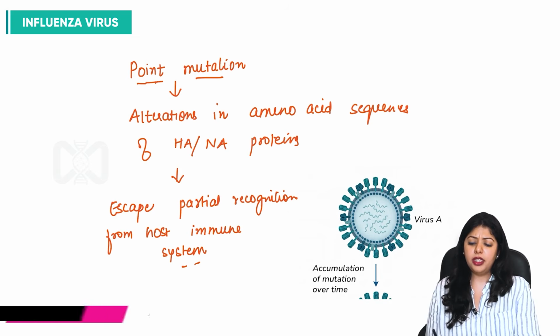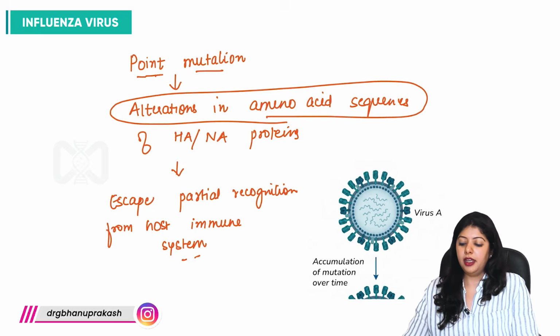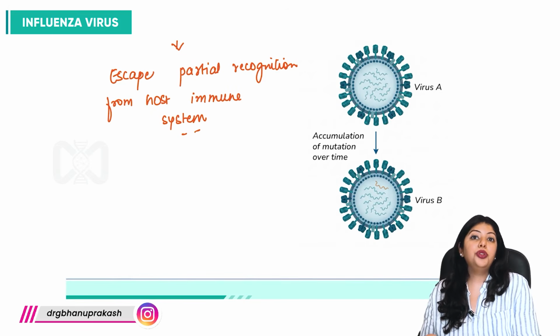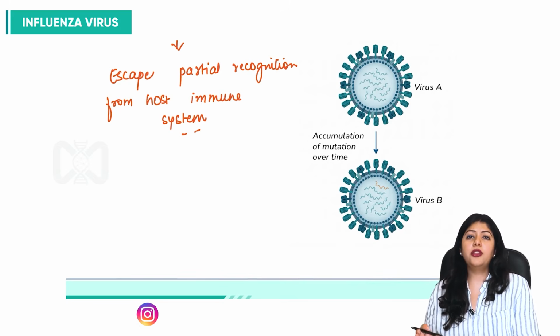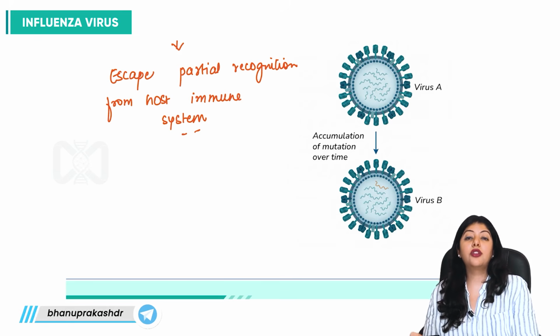So there are only certain amino acid alterations which are occurring, right? So no new virus is being formed, no new strain is being formed. It is just a temporary variation and it is seasonal. It is frequent in nature, it can occur every 2 to 3 years. And these are not associated with any major drastic infectious series or any major drastic pandemics.